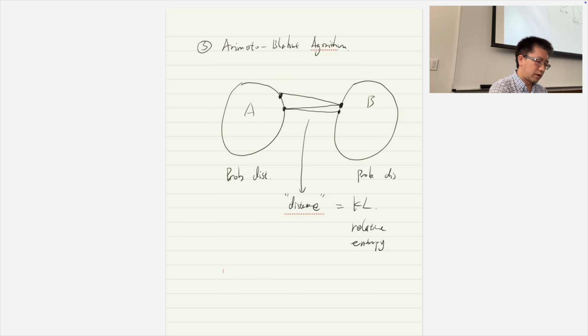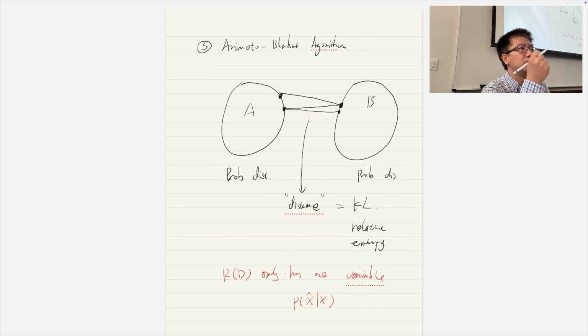R(D) only has one variable, p(x hat | x), but now we need two variables. This can sit here, no problem, but we need some probability distribution here.